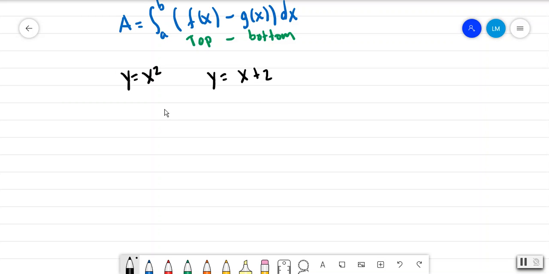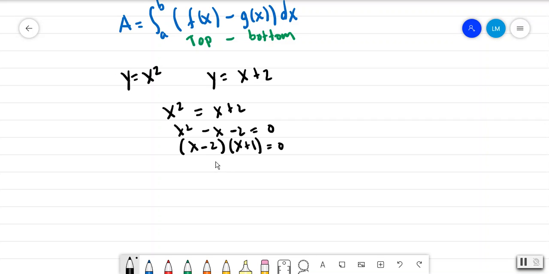I would first find that x squared is equal to x plus 2, then x squared minus x minus 2 is equal to 0. This factors as x minus 2 and x plus 1 equals 0. So the points of intersection are at -1 and at 2.